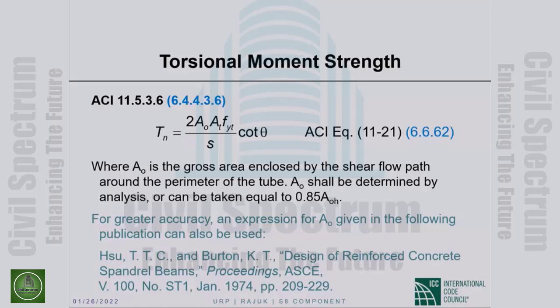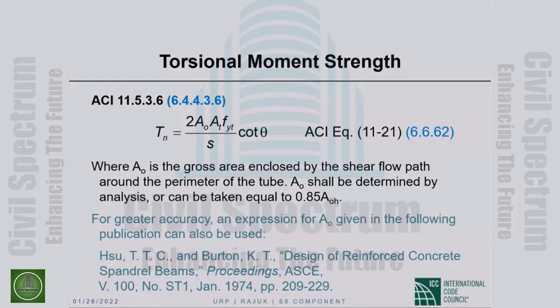A sub 0, this is important. A sub 0 shall be determined by analysis. That is an option available to you. But in design, we typically take it equal to 85% of A sub 0h, the area within, remember, the perimeter of the outermost closed torsional reinforcement.